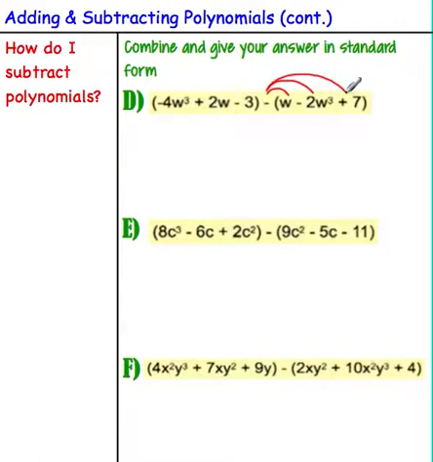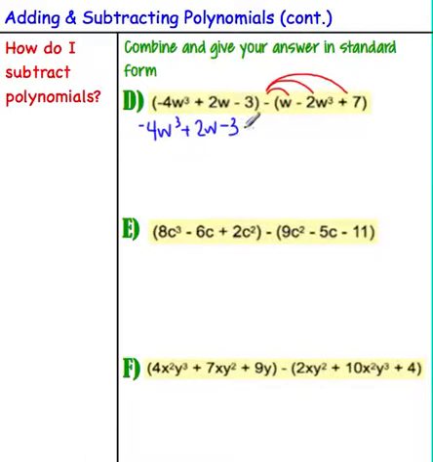In doing so, we can get rid of all of these parentheses, which will make our lives a little bit easier to look at. So when we do this, we end up with negative 4w cubed plus 2w minus 3, which is exactly what we started with in the first polynomial.